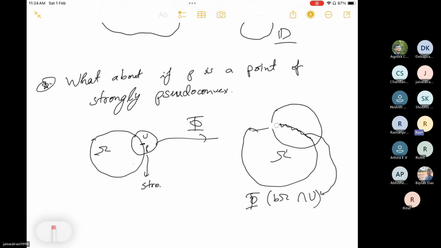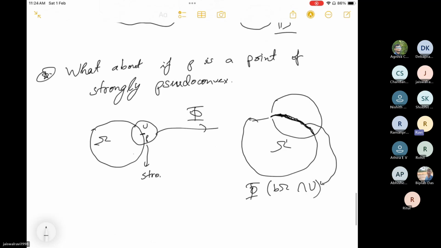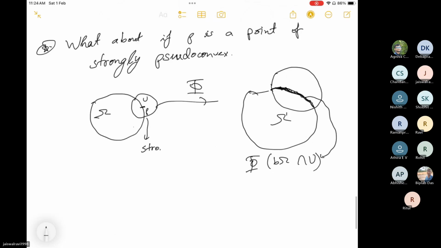So this black one we are calling phi of boundary omega intersection U. So we are asking, can we find some phi such that this is convex, or basically strongly convex.